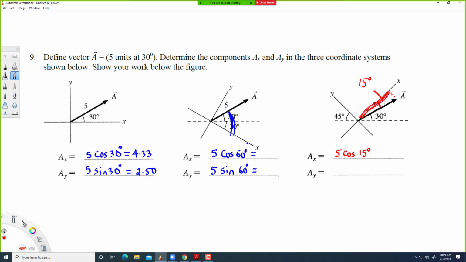It's positive. It's pointing to the right, right? Yeah. So that's positive. How about the y component? Is it pointing down or up? Negative, right? So 5 sine 15 degrees. Okay.